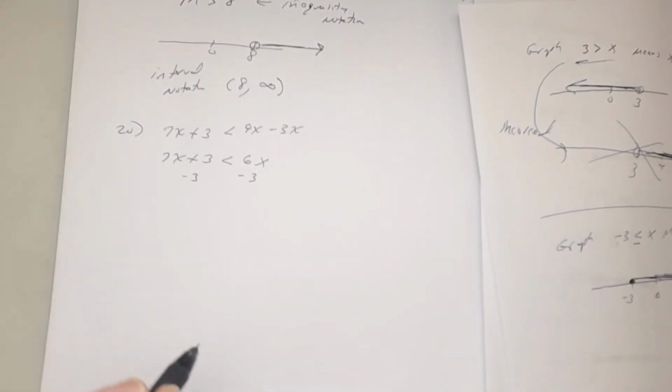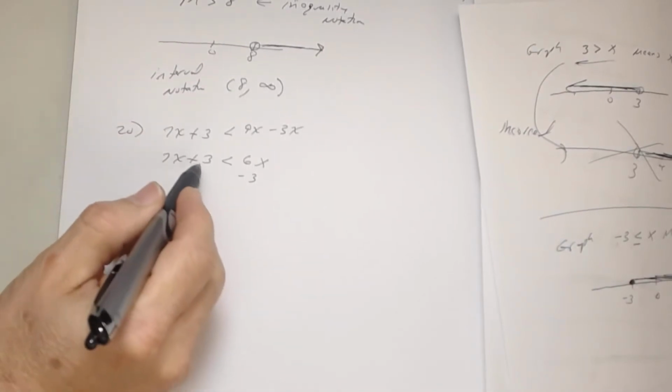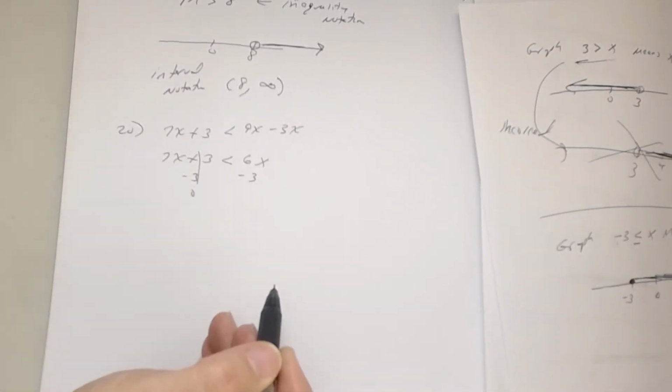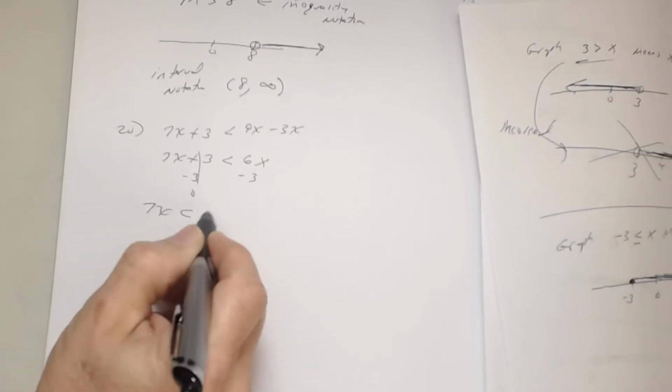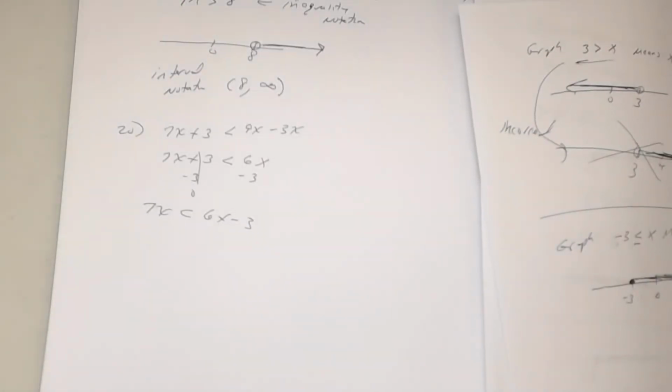How do we do that? You've done that before. Combine like terms, this is 0, right? So I get 7x is less than 6x minus 3. You're not combining like terms, you're just subtracting 3 from both sides.